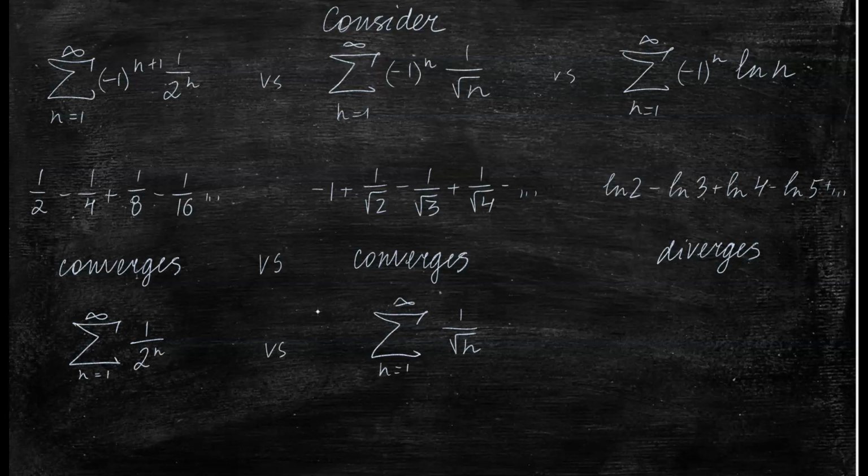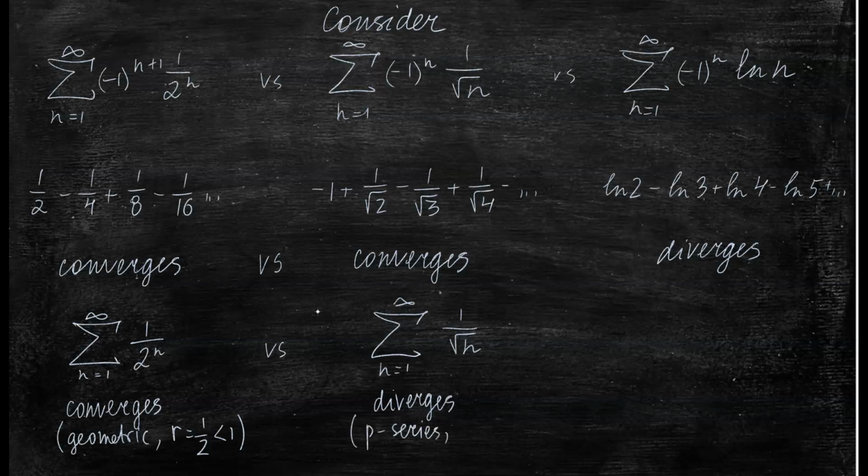So this series, the one on the left, converges because it is a geometric series, and the common ratio is 1/2, which is less than 1. That's why it converges. The one on the right actually diverges. Why? Because it's a p series, and p is equal to 1/2, which is less than or equal to 1, meaning that this p series diverges.